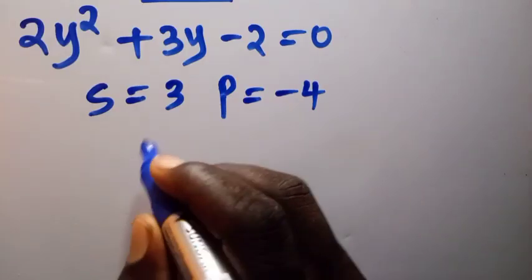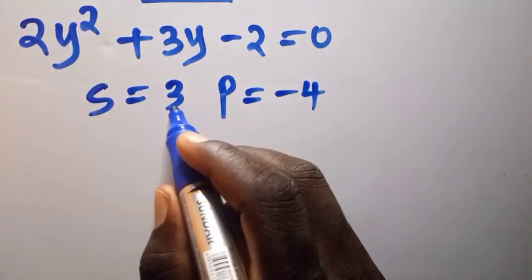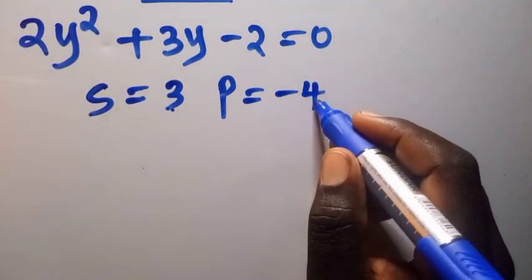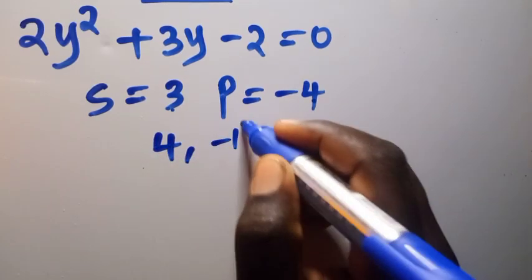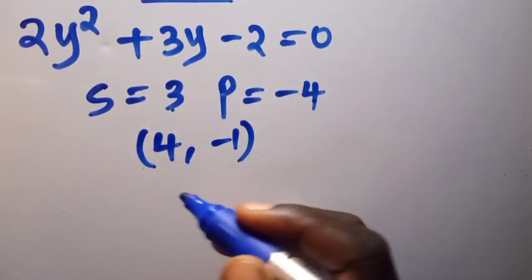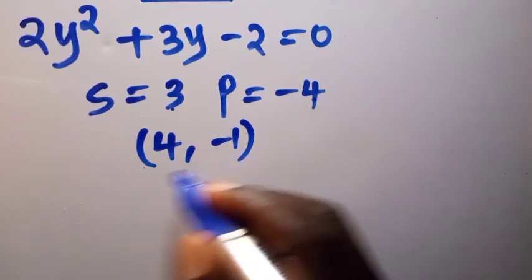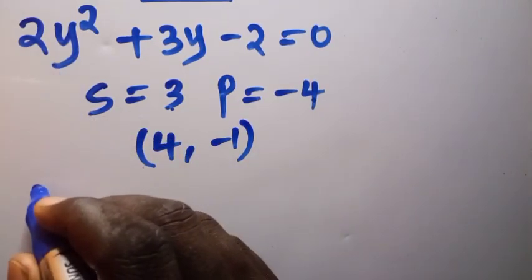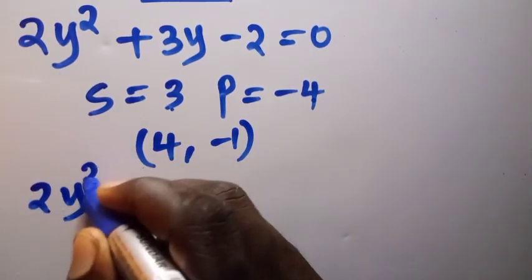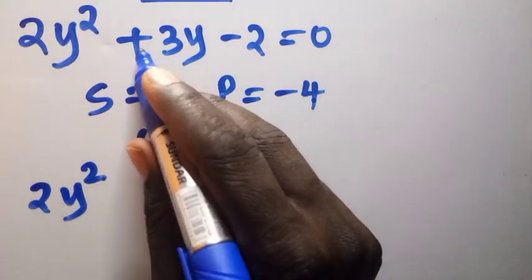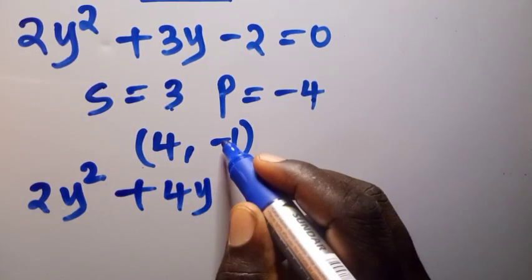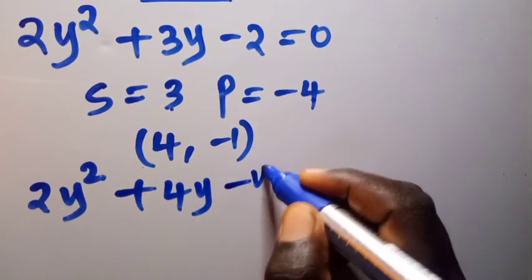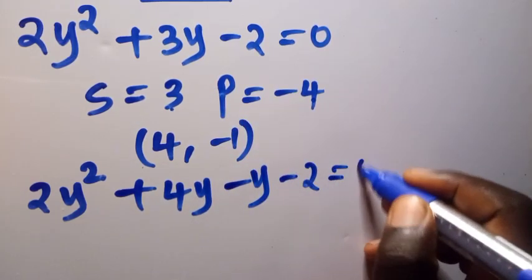Two numbers that add to 3 and multiply to negative 4 are 4 and negative 1. So we have 2y squared plus 4y minus y minus 2 equals 0.